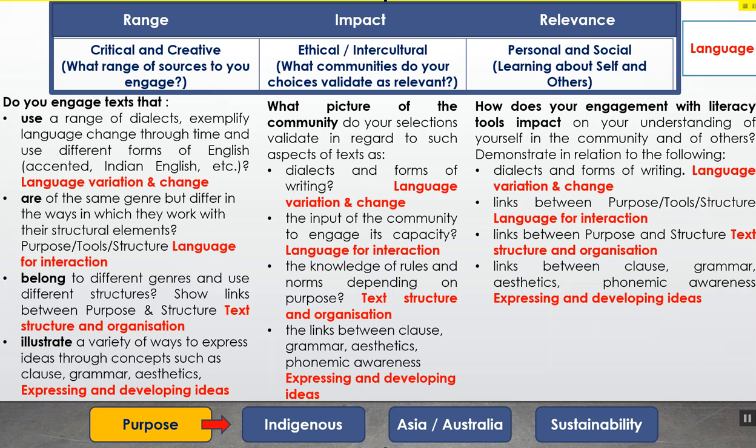Well, at this very moment, because we haven't done the critical and ethical yet, we are aware that we want a child to know that our community has used and uses particular language for particular structures and particular language forms across time and across different geographical areas, and it does it in such a way that the community itself is very much in agreement.